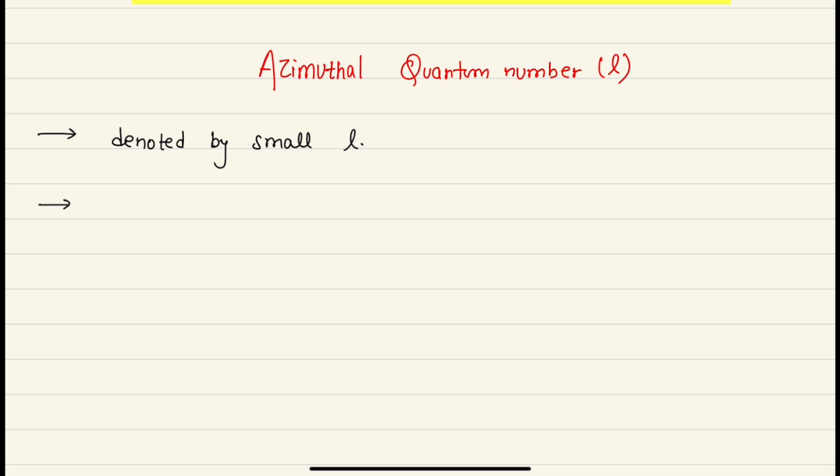The second point: this Azimuthal quantum number was first proposed by the scientist Arnold Sommerfeld. So write it here, proposed by Arnold Sommerfeld.